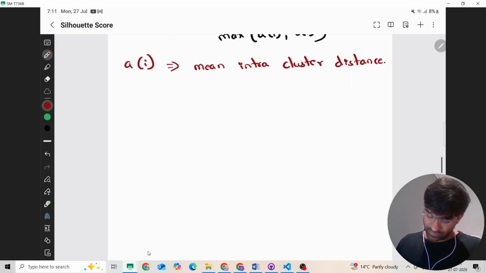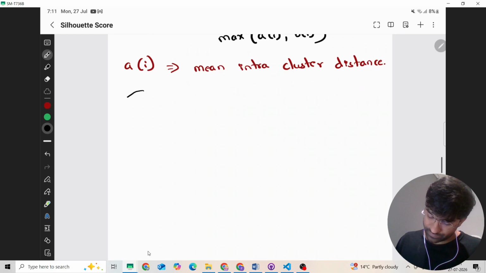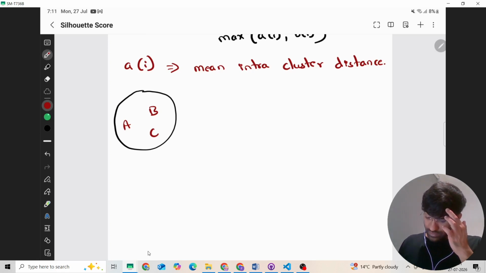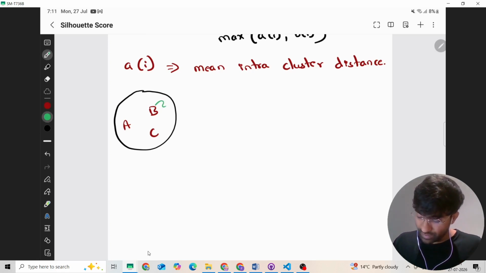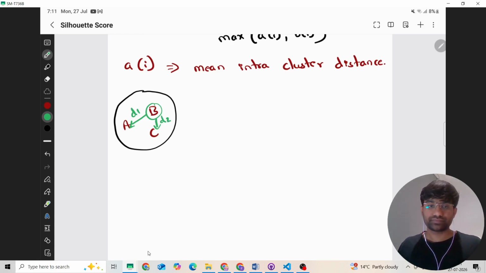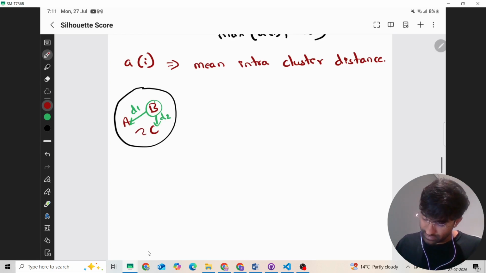Let's consider a cluster for our better understanding. We have 3 points A, B, and C. We are using the data point B. So we have to calculate two distances now, B with A and B with C. This is D1 and D2. And if we have one more point, say D, then it will calculate the distance with D also, D3.